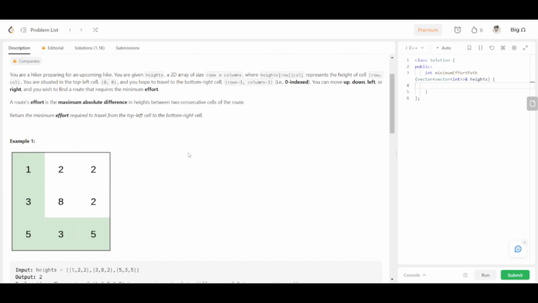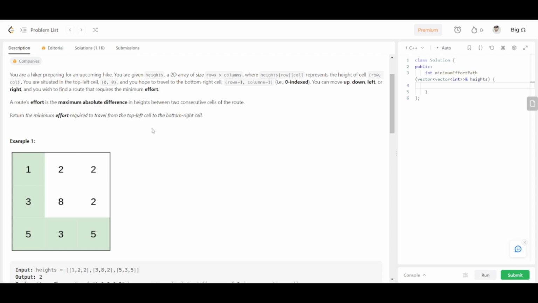The left boundary and the right boundary, namely the search space, and just perform the binary search over this search space and find the first true element over that search space, that is the minimum effort required to travel from the top left cell to the bottom right cell.